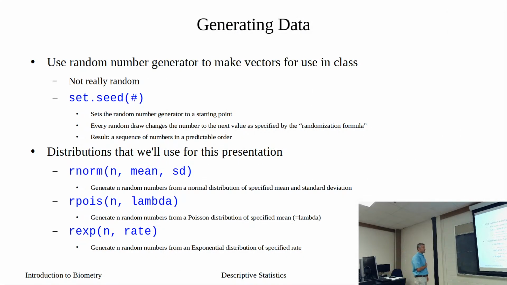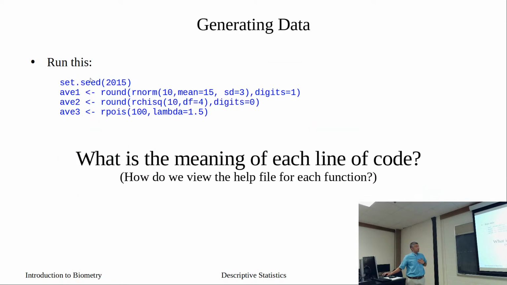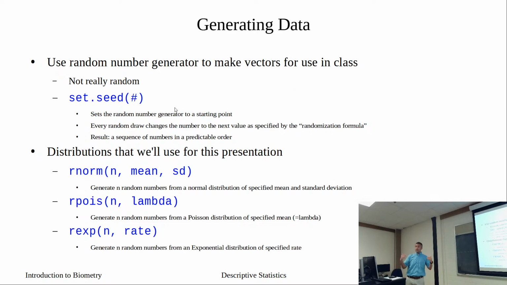On Friday, I will introduce the distributions that we're going to use. These are going to be very brief introductions, basically explaining what these codes are doing. Then we will get this block into a chunk so that when we run it, we make the exact same vectors as the ones that I used in the presentation.